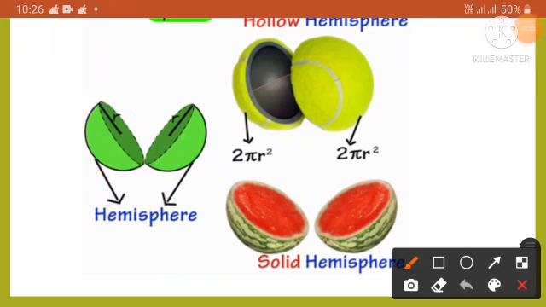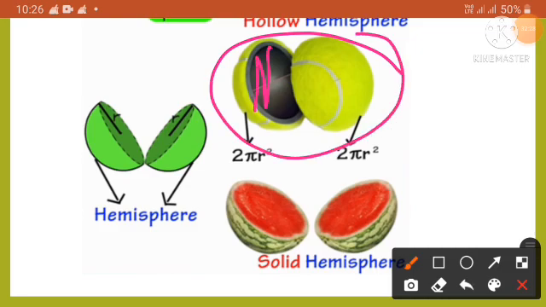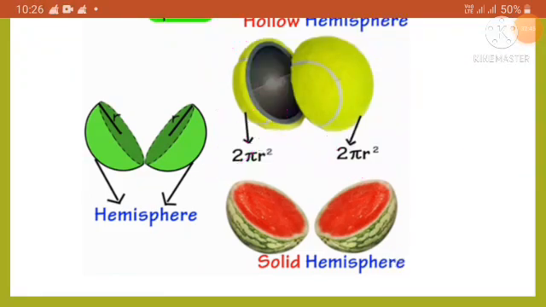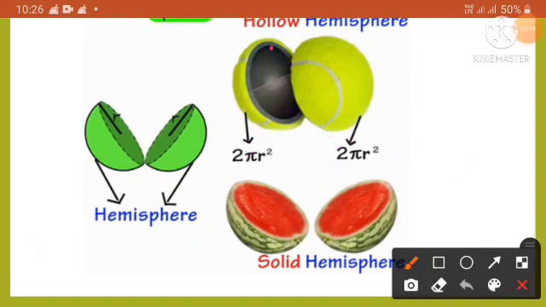If we take a cricket ball like this figure, in this figure the base is not there. That means the surface area of this individual hemisphere will be 2 pi r square, when this base surface area is not there.